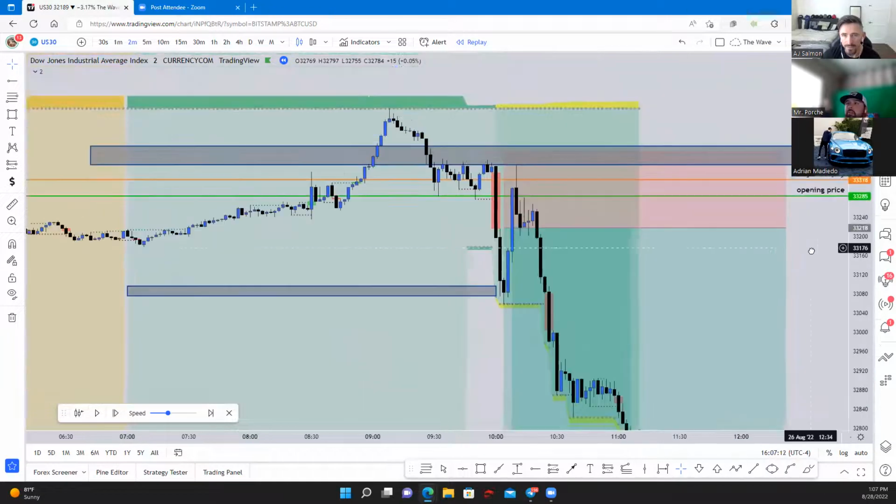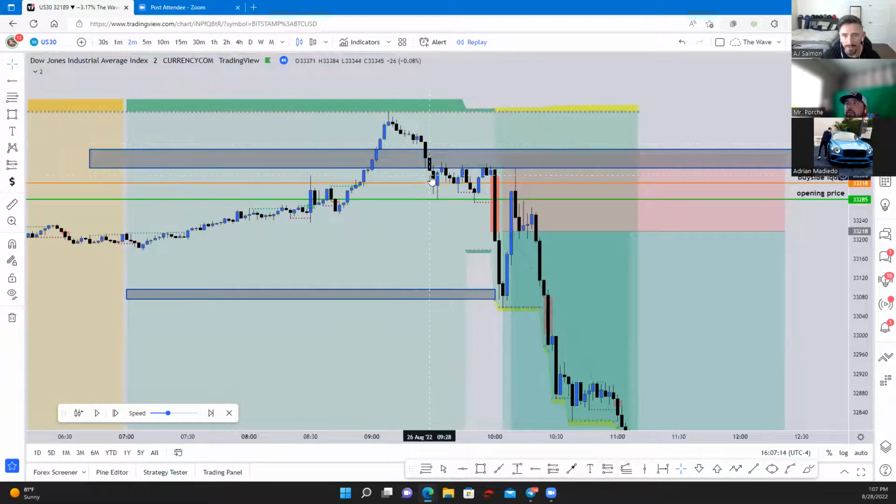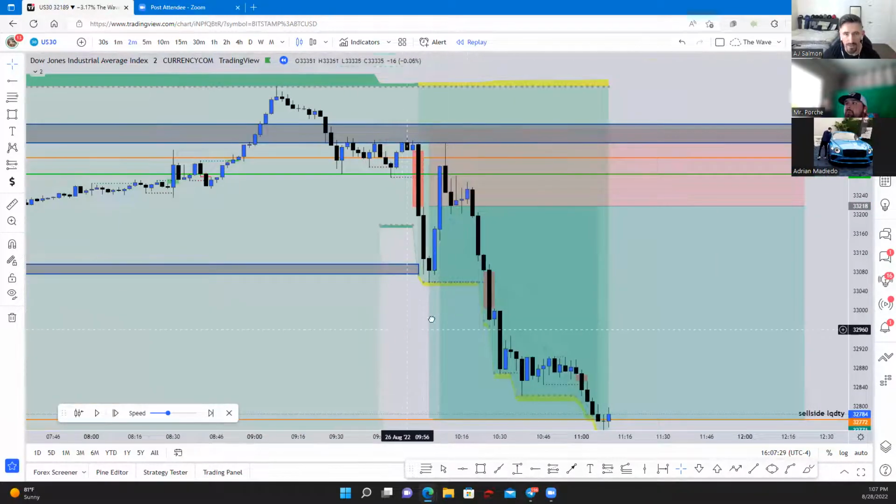It broke down, then you had retest, break, retest. You could have entered off of any of these as well. But this is just confirmation for me on the new style of trading I'm looking for.